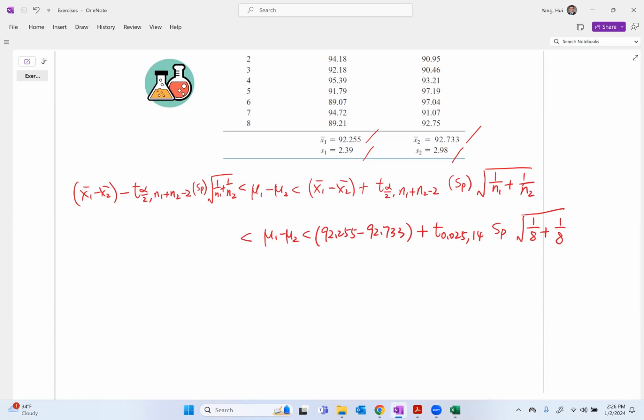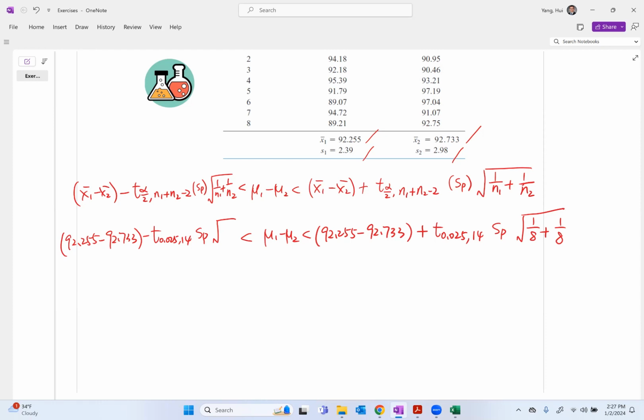So greater than, similarly, we can put it on the left-hand side: 92.255 minus 92.733, and then minus t 0.025, 14, and then we have Sp times the square root of 1 over 8 plus 1 over 8.